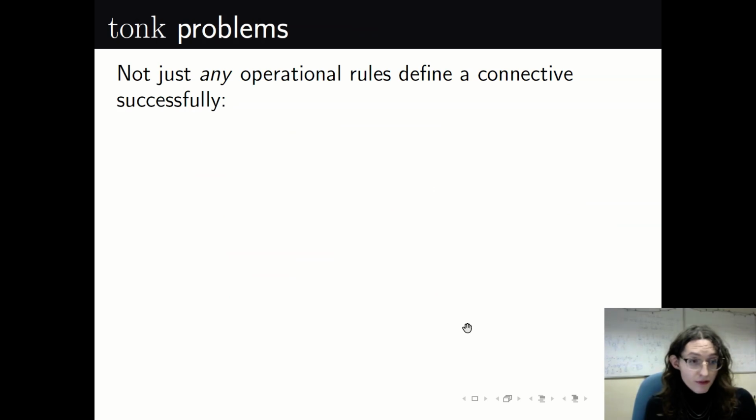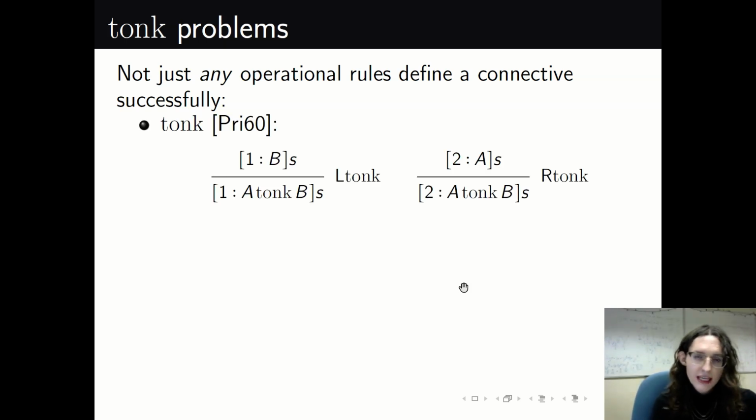Now, as proof-theoretic semanticists, we're very well aware that not just any operational rule pair successfully defines a connective. For example, if we take Prior's tonk in our notation, it will look like this. From B you get A tonk B in the first component, and from A in the second component, you'll get A tonk B in the second component, appropriately contextualized in each case.